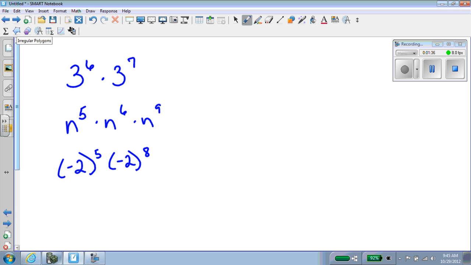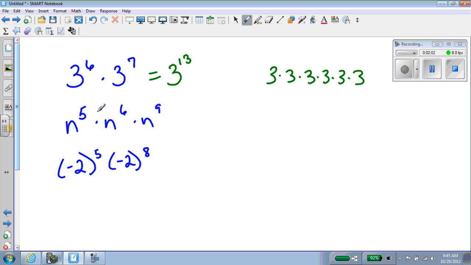Okay, so if I have 3 to the 6th, that means I have, in a sense, 3 times 3 times 3 times 3 times 3 times 3, times 3 to the 7th. So times another 7 threes. That's the same as 3 to the 13th power, because there would be 13 factors of 3.